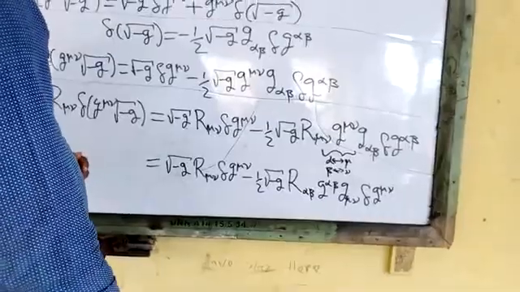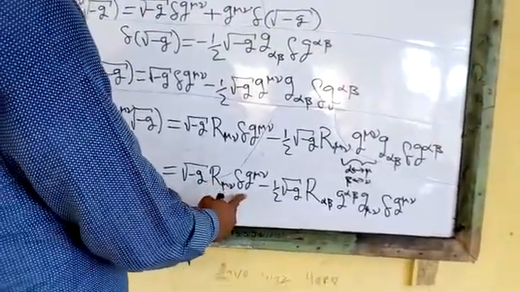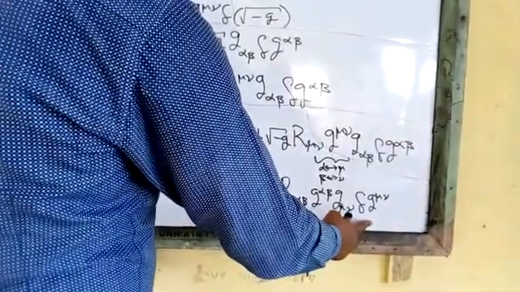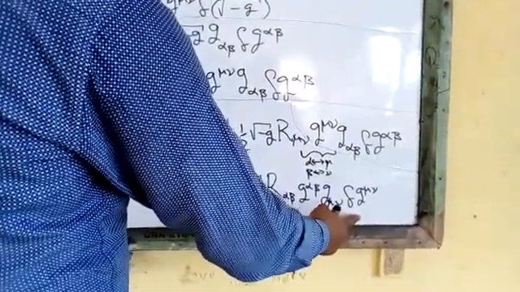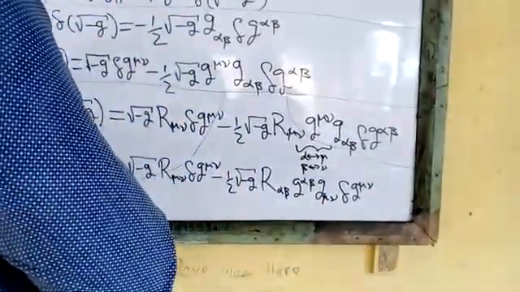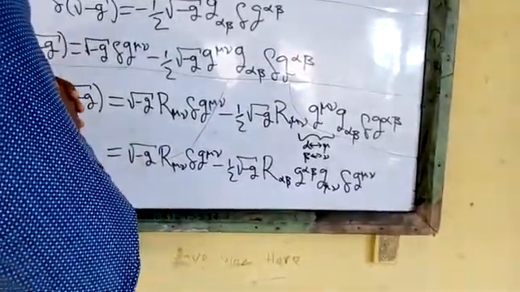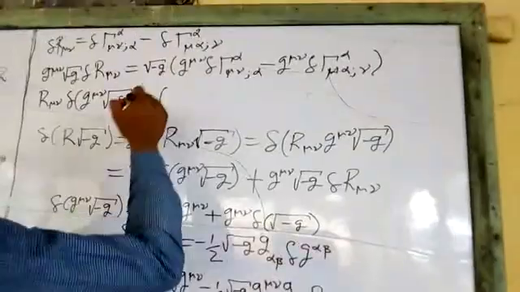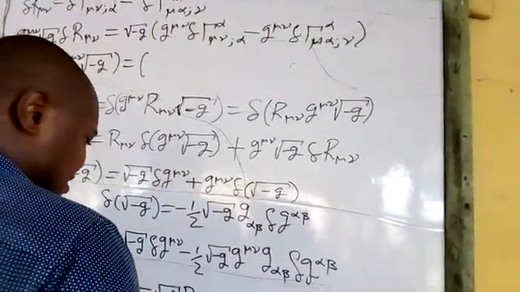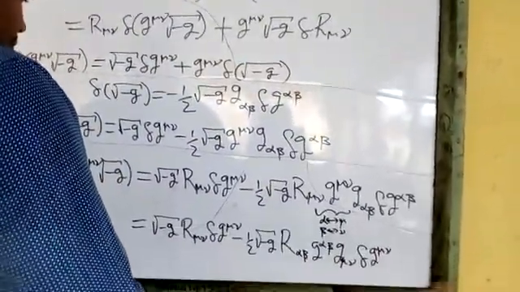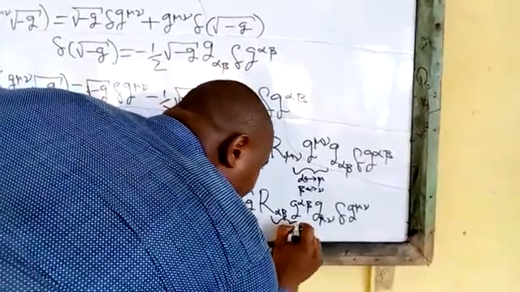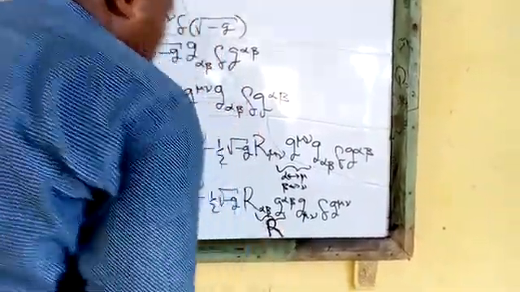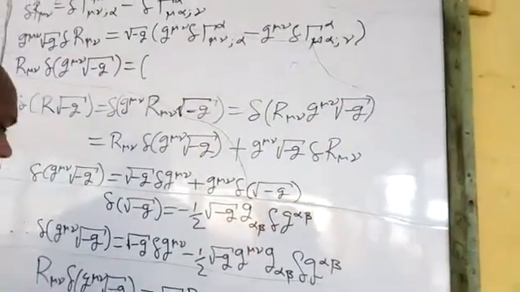Now, if we did that, you can see I have variation of g_μν here and variation of g_μν there. Something else is common, which is the square root of minus g on both sides. Take note also that this combined together gives us a contraction of just the Ricci scalar, R, without any index on it.